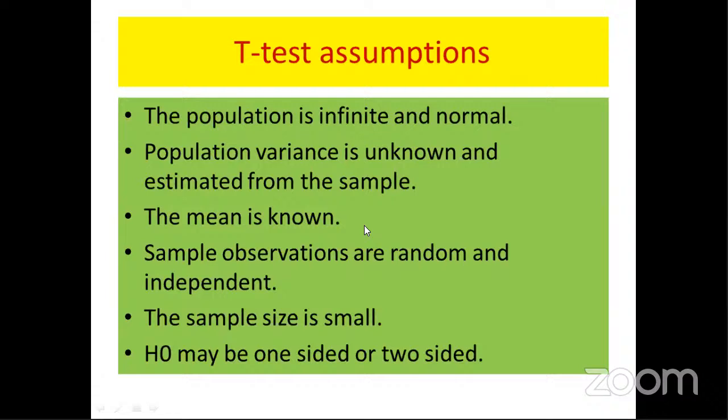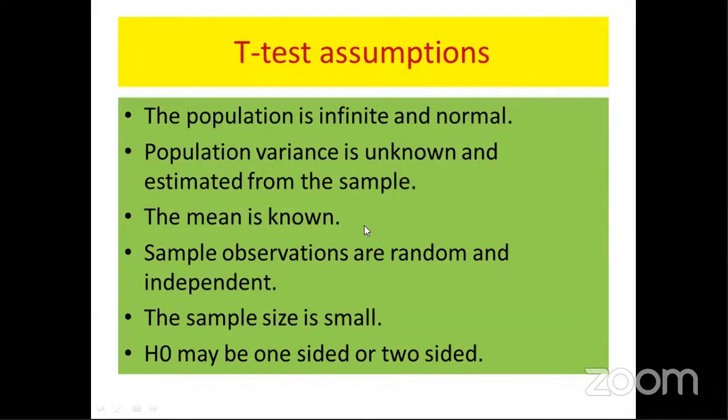And the population variance is unknown and estimated from the samples only. That's the reason why there is test of independence and test of normality. And the mean is known. So you know the mean. Definitely the t-test is used when you make a comparison of the mean. So these are the assumptions that you have to satisfy so that you can use the t-test.